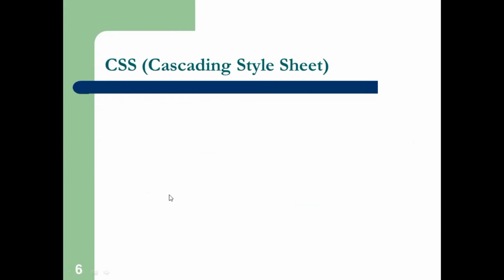Now come to the cascading style sheet. Cascading style sheet is a language embedded inside the HTML code. It adds styles to our web page. When we see our web page, we see that in Facebook there is a blue bar up there, then the Facebook logo, then there is a form at the right corner. All this styling is added by the cascading style sheet.